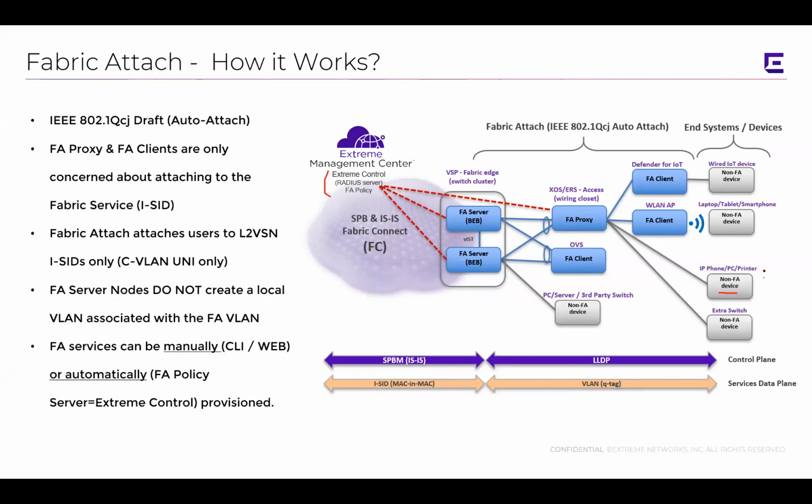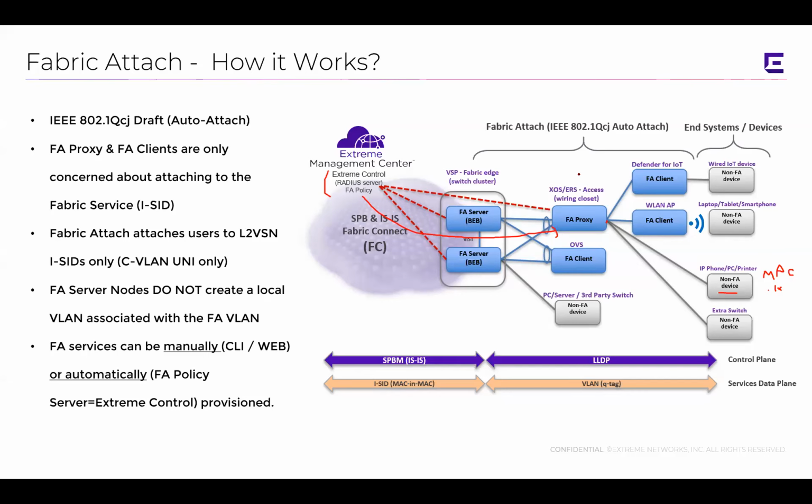And we are using, for example, MAC authentication or 802.1X authentication. Once we plug in the IP phone, the PC, or the printer, and conduct, let's say, the authentication, the RADIUS server, in this case Extreme Control, is sending the FA proxy switch, in this case an EXOS or ERS switch, all the FA attributes.